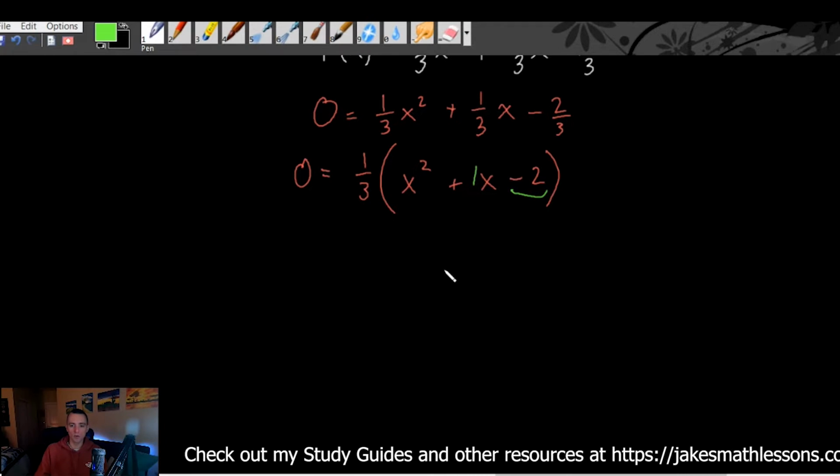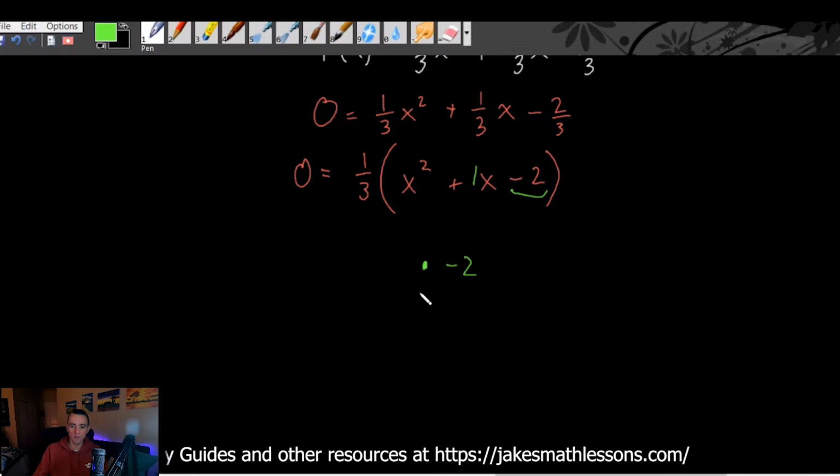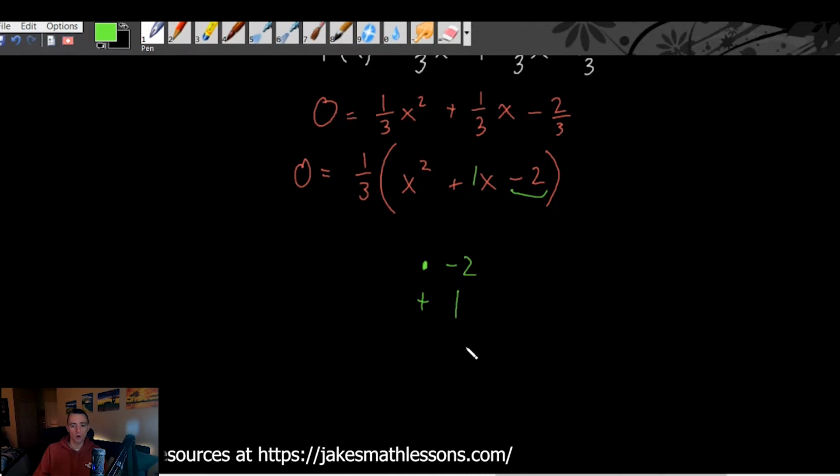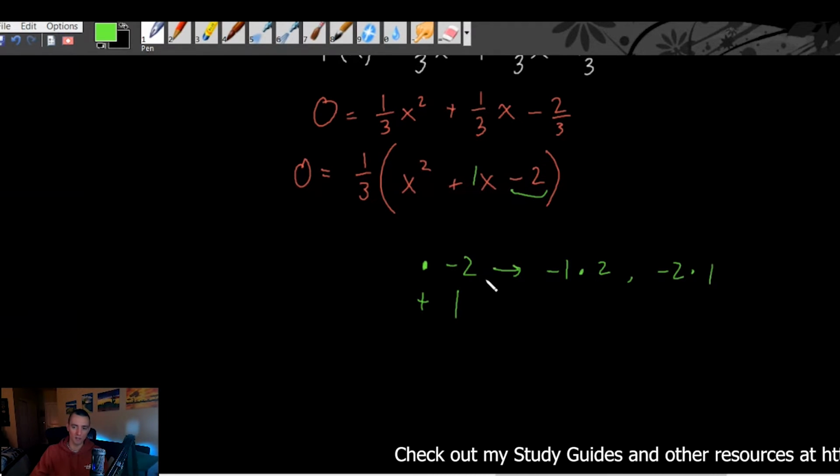So we need 2 numbers that multiply to -2 and add to +1. So what might those different factors be? Really, you can just take this number that they have to multiply to and think about what the factors of that number are. In this case, the factors of -2, we could either have -1 times 2 or -2 times +1. Those would multiply to give us -2.